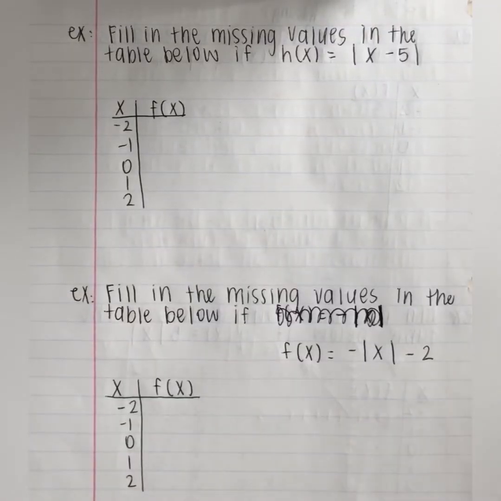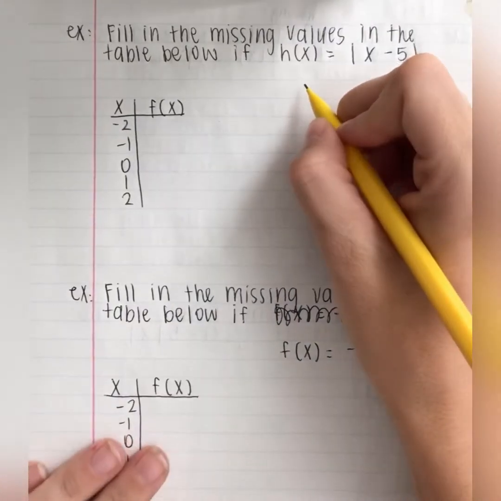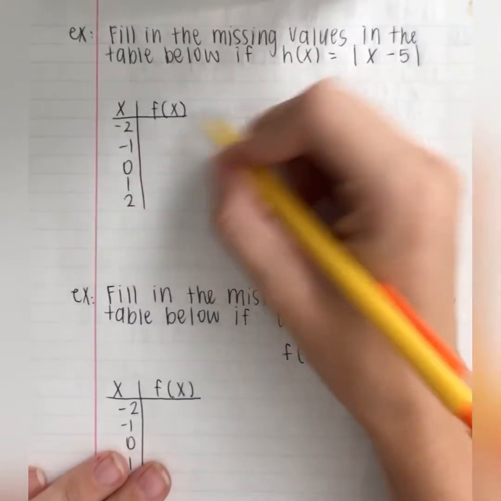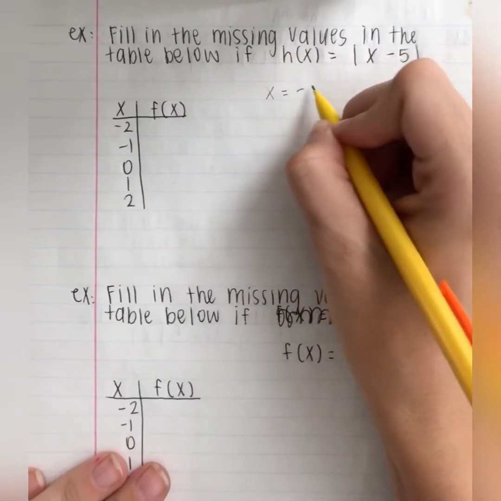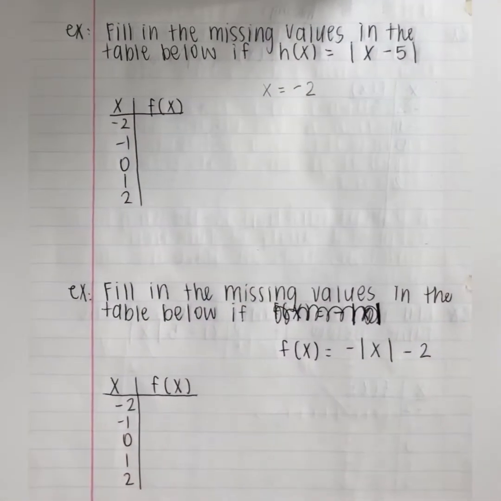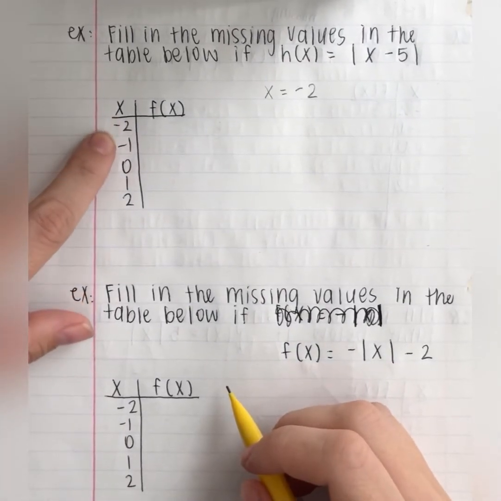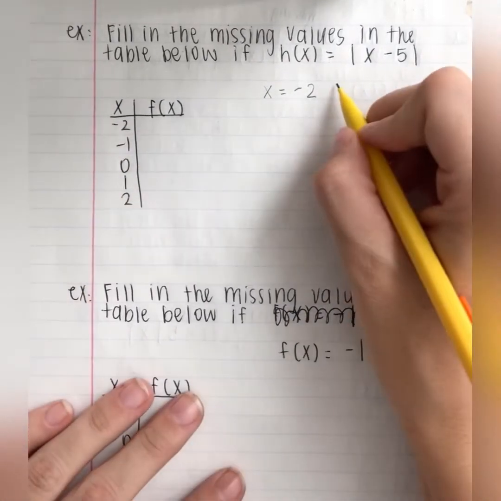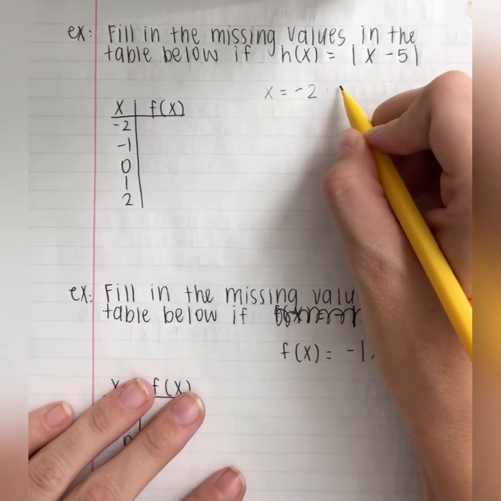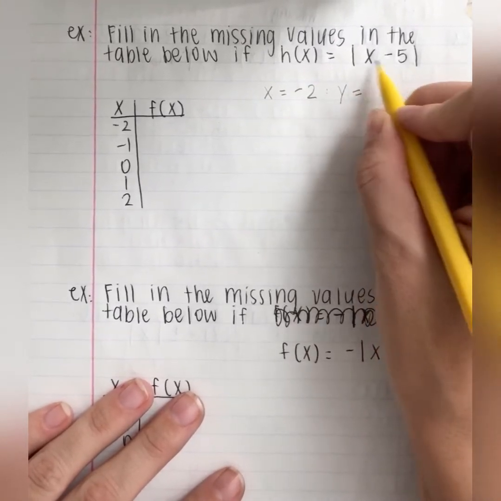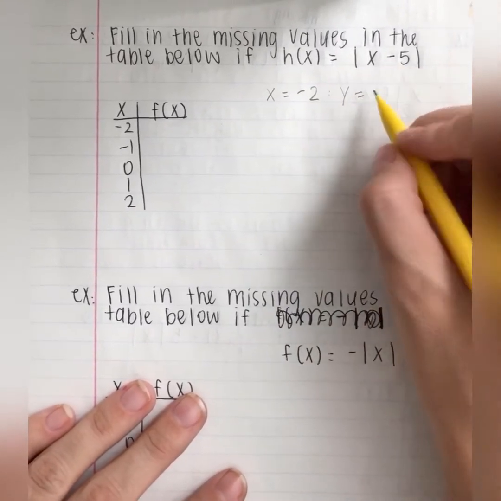All right, and let's look at our table here. So we'll look at when x equals -2. It doesn't always have to be these numbers. These are just kind of easy to see because you can look at negative numbers and positive numbers. So say when x equals -2, we're plugging in -2 for this x value.